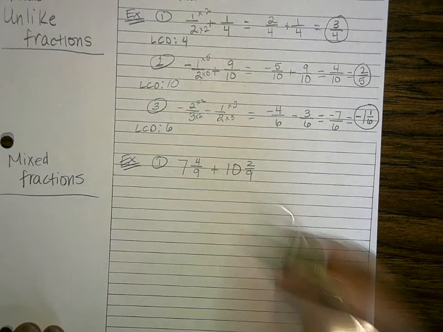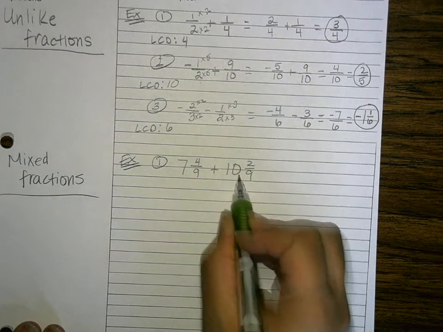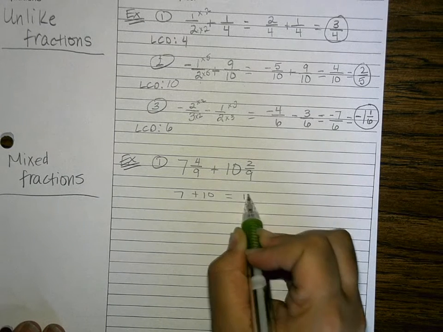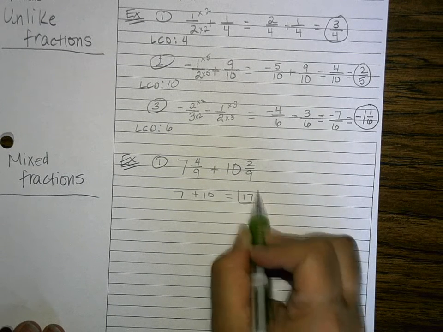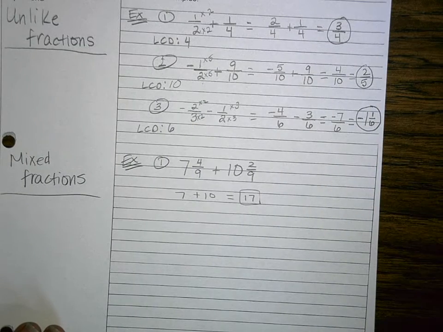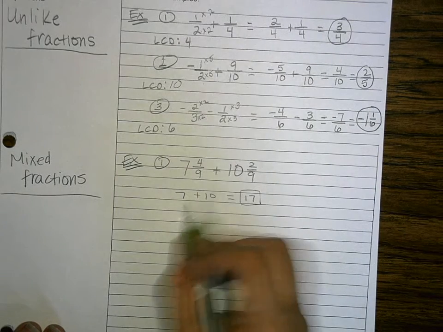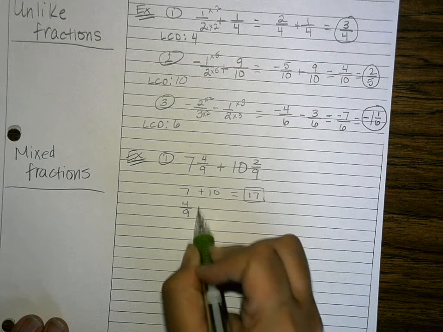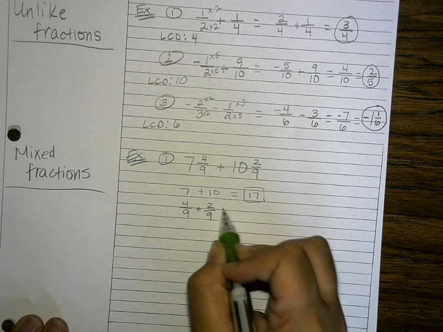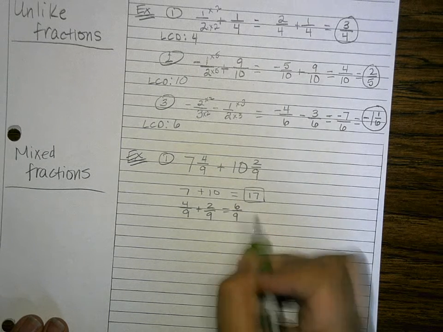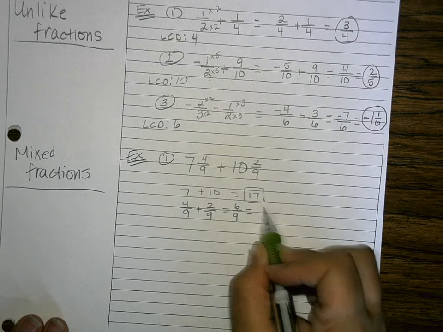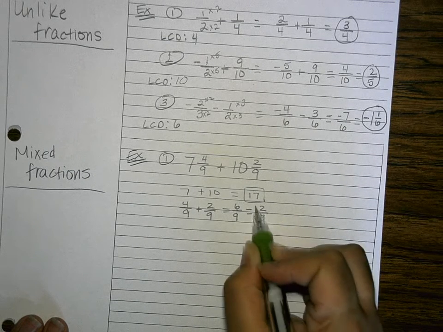So what I do first is I add the whole numbers. So I do 7 plus 10, and that's 17. And I just put a box around it or circle it. And then the second thing I do is I add the fractions. So now I have 4/9 plus 2/9, which is 6/9. What is 6/9 simplified? 2/3. Good. We're dividing by 3, so we have 2/3, and then I put a box around that.